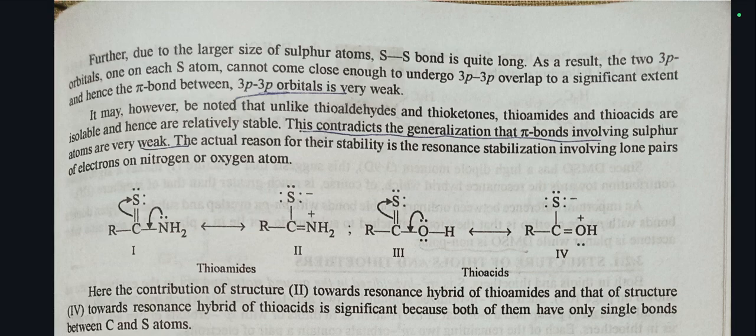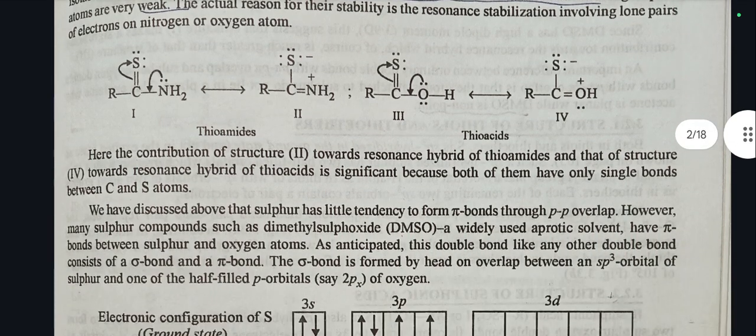The actual reason for their stability is the resonance stabilization involving lone pairs of electrons on the nitrogen or oxygen atom. Thioamides, thioacids. However, the contribution of the structures toward the resonance hybrid of thioamides and thioacids is significant because both of them have only single bonds between C and S.